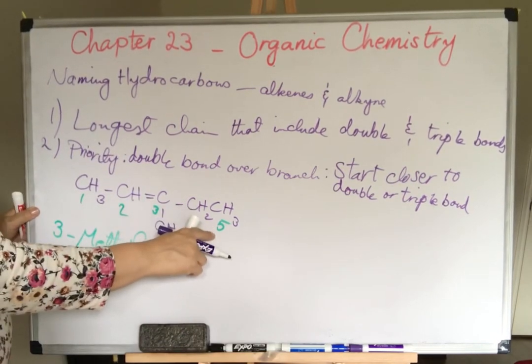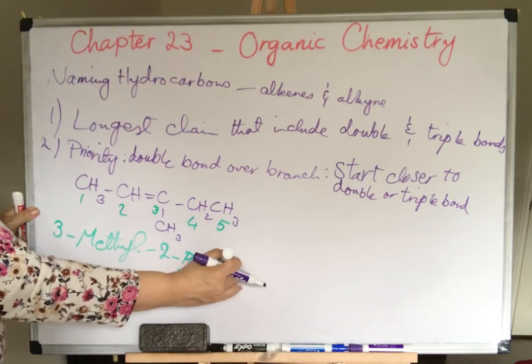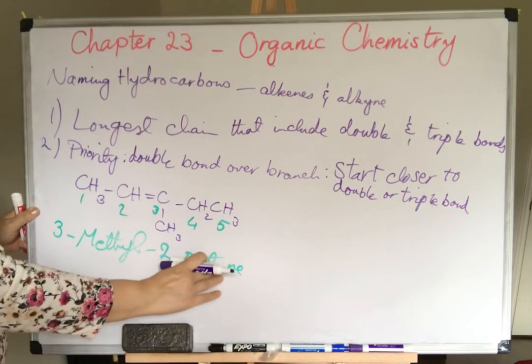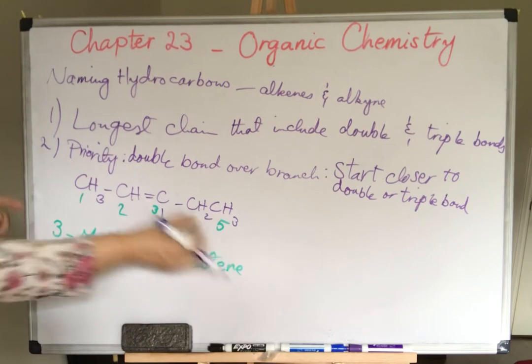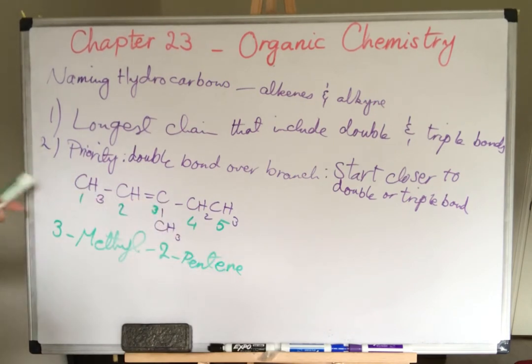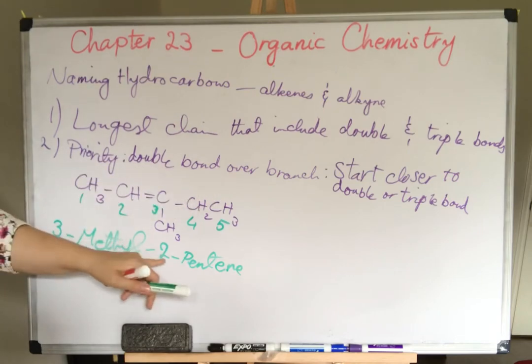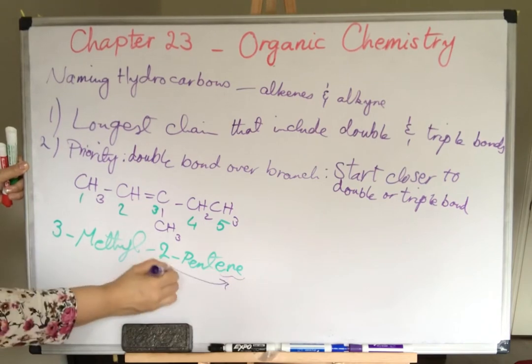If it was an alkane, you would have had pentane, right? Now it's an alkene, so instead of A and E, you have E and E. So instead of pentane, you have pentene. So you have a pentene, you have 5 carbons. 2 shows the location of the double bond.